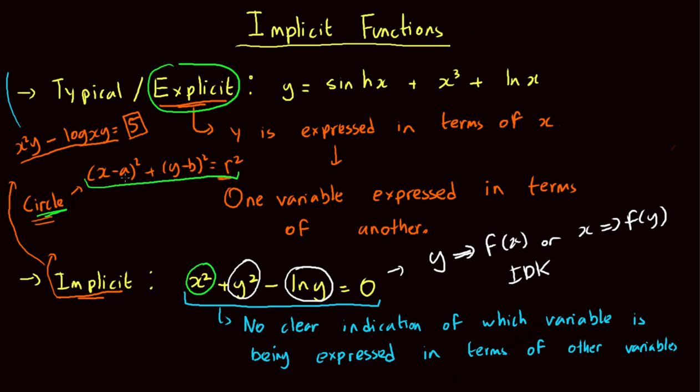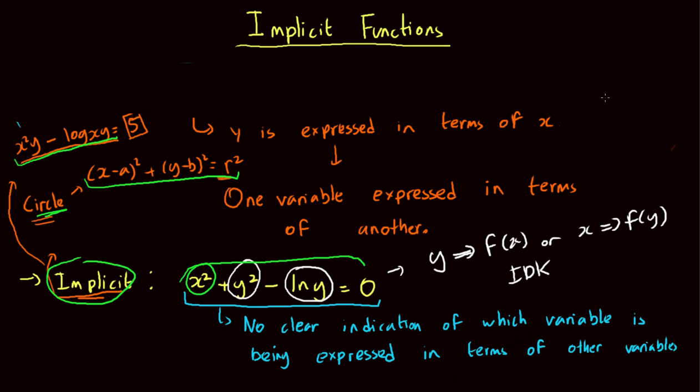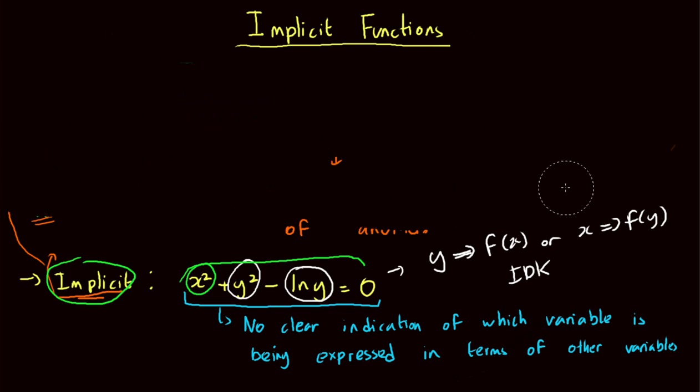And sometimes there are even more complicated functions which are expressed in this manner, in an implicit form rather than an explicit form. So how do we deal with such functions? How do we find the derivative of such functions? Let me clear up and show you an example.